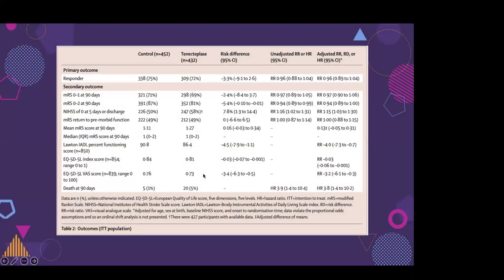The primary outcome is the responder, meaning how much they improved, and the functional outcome. Secondary outcome is the 0 to 1 and 0 to 2 mRS at 90 days, with almost similar mortality and ICH and all that.